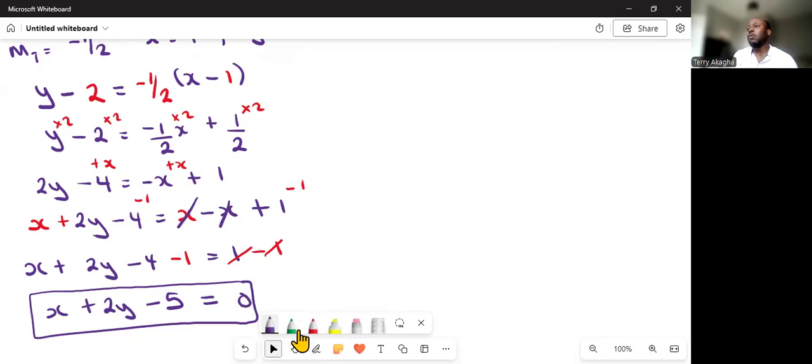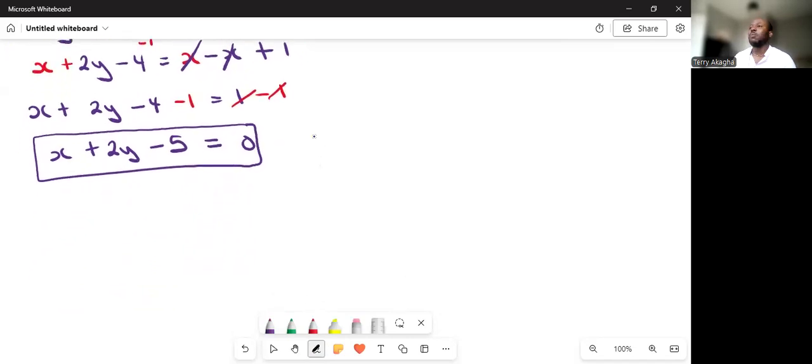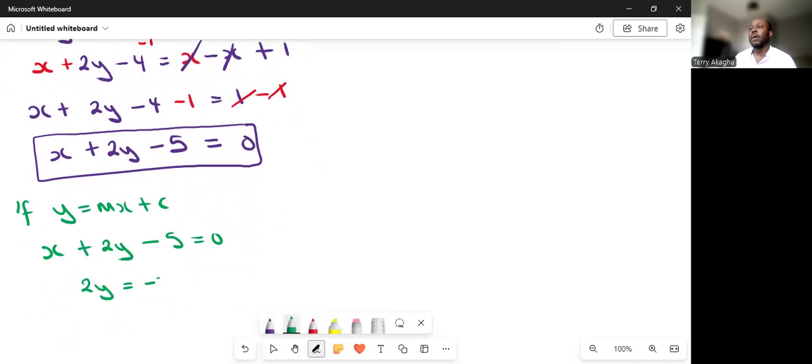Okay? Now, just for calculation's sake, if, for instance, you were told that you should leave it in y = mx + c form, all right? So you can also do that. So you can have x + 2y - 5 = 0. I take everything to the other side. So it's going to be 2y will be equal to -x + 5, okay?